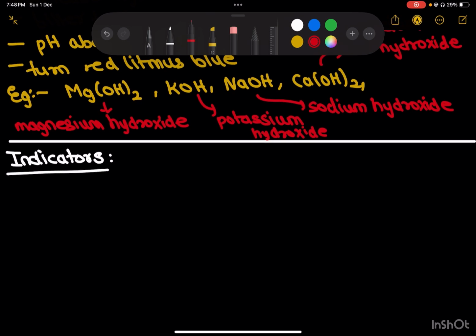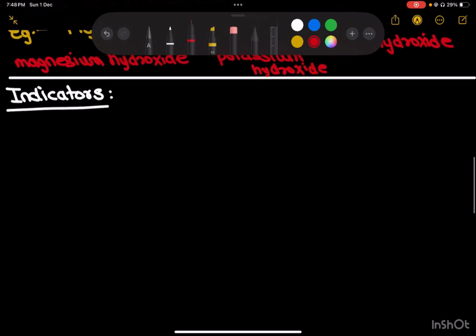So what exactly are indicators? What is the actual meaning of indicators? Indicators are basically substances which change their color in the presence of an acid or a base. That is the formal definition of an indicator.